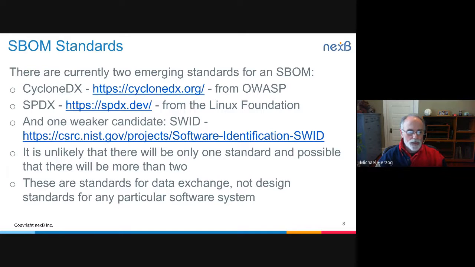But it's really important to understand that the odds are there will not be one single standard, and it's possible there'll be more than two. There may be new things that come up in this area we don't know about today, and there are also ancillary standards, which I'm not going into in any depth today, for vulnerabilities called VEXs and VDRs, and quite a bit more to absorb.